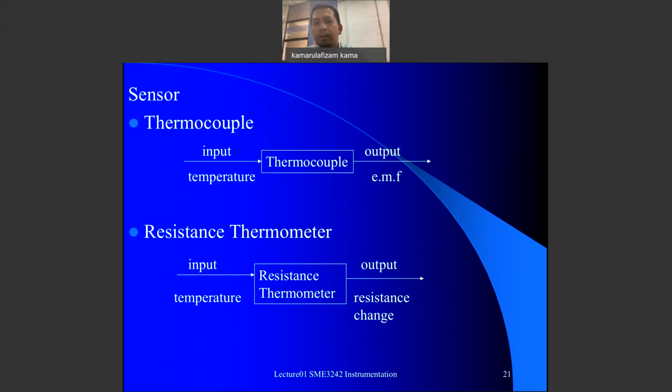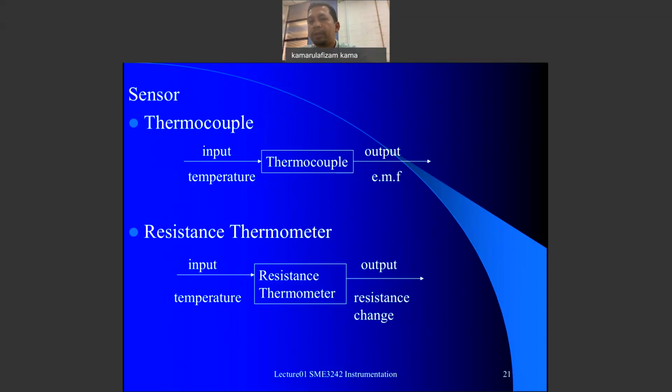All right. And the next example is the resistance thermometer. Also the same kind of device as the thermocouple, it measures temperature, but the output is different here. The thermocouple gives you voltage, but the resistance thermometer gives you resistance, ohm changes. So two different sensors read the same parameter, temperature, but they can give you different output.